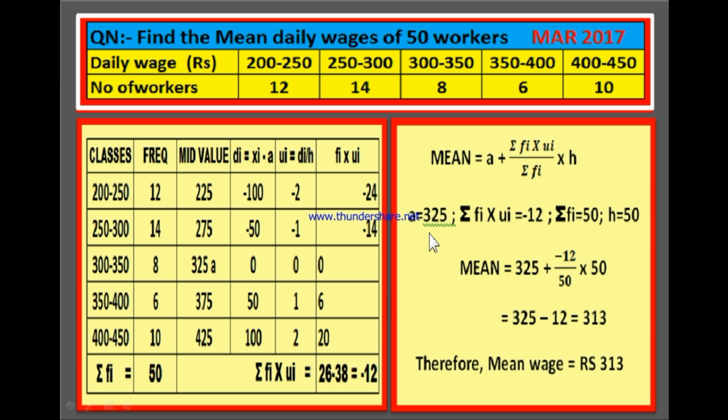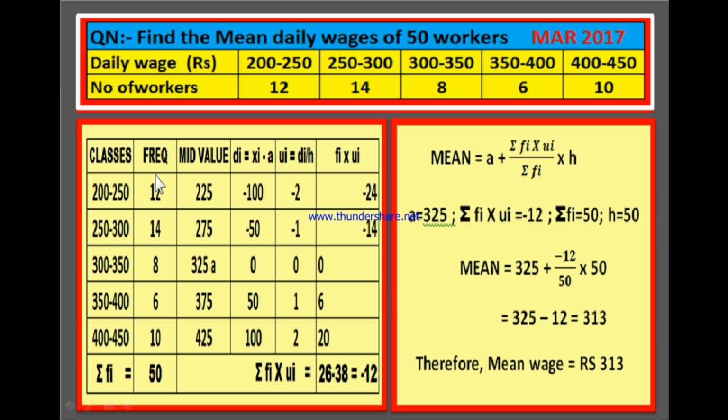Mean is equal to 325 plus sigma fi ui, minus 12, by sigma fi, 50, into h, which is 50. This 50 in 50 one time. This is 325 plus into minus 12. 325 minus 12 is 313. Therefore, mean wage of each worker is 313 rupees.